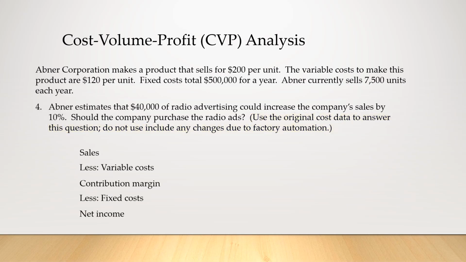First, we'll figure out the total sales revenue. Abner's current sales volume is 7,500 units, and the unit sales price is $200 per unit. Total sales revenue will therefore be $1.5 million.